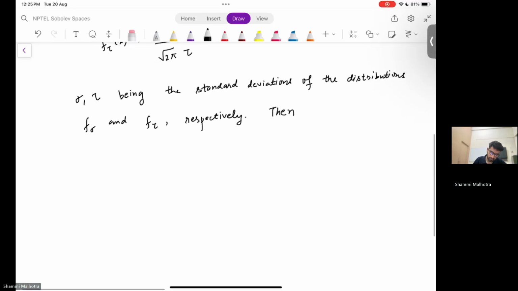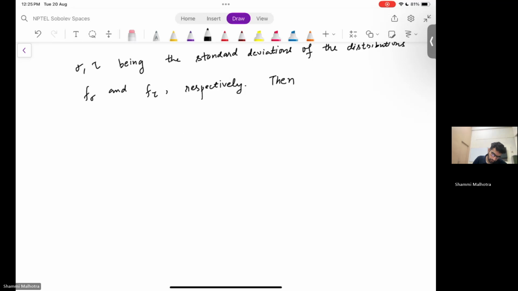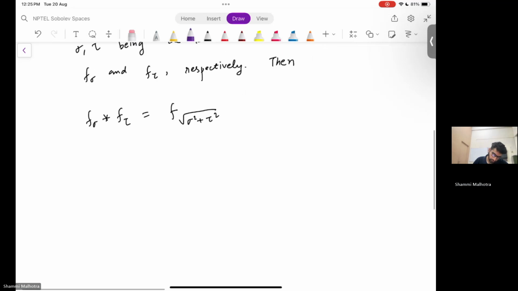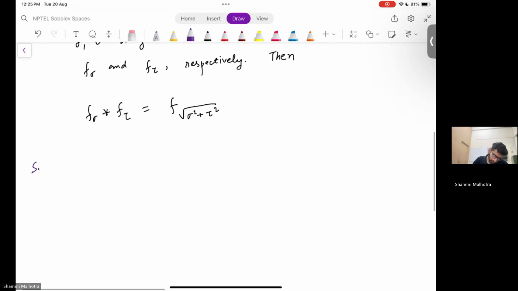Then f sigma convolved with f tau turns out to be f of square root of sigma square plus tau square. So this is a very nice result. Let us try to prove this, and we will use some of the results which we have seen either in the videos or in the assignments. Solution.